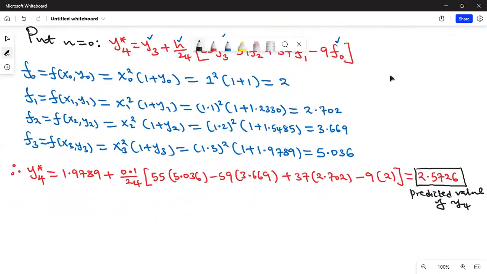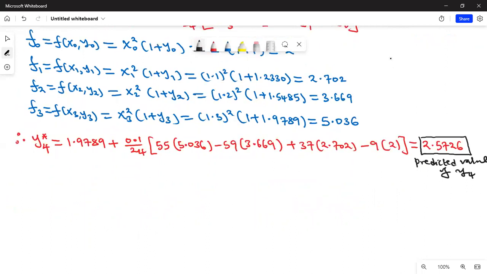That should give us, you can just write here, use Adams-Moulton corrector formula. We are using it to obtain the most accurate solution of Y4 because we have predicted it. Now you have to correct it.